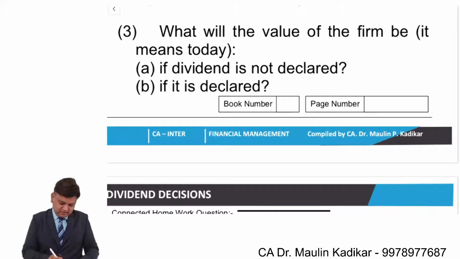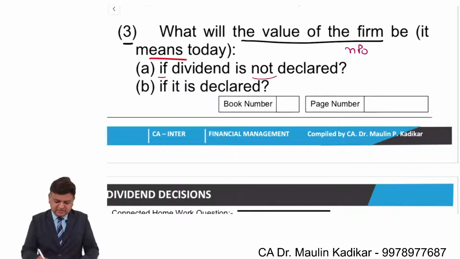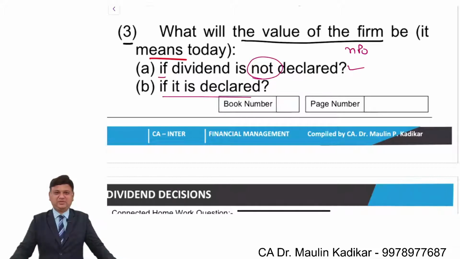Question number 3. What will be the value of the firm? It means the value of the firm today, NP0, if dividend is not declared and if it is declared. I want you to calculate the answer of question number 3A and put your answer in the chat box.